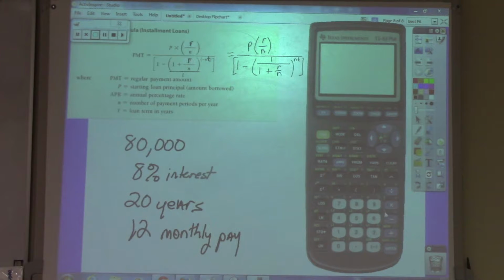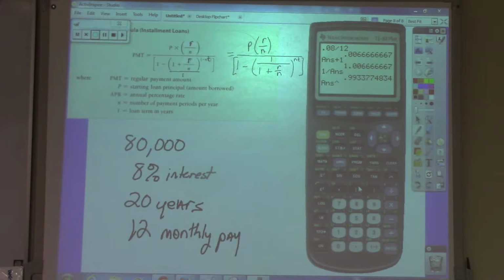So 0.08 divided by 12. And add that to what? 1. Divide 1 by that number. Raise that number to the what?